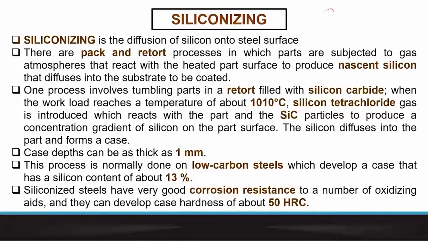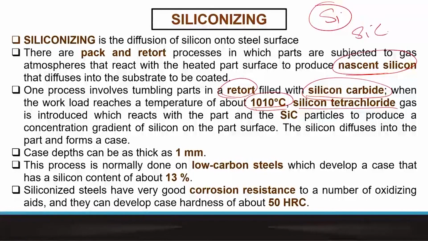The next element is silicon, other than aluminum. It's a very similar process. Here also we are looking at liberation of nascent silicon onto the surface so that silicon can diffuse in. We pack it with silicon containing materials, typically silicon carbide, and subject it to a temperature of around 1000 degrees, and then we charge silicon tetrachloride.